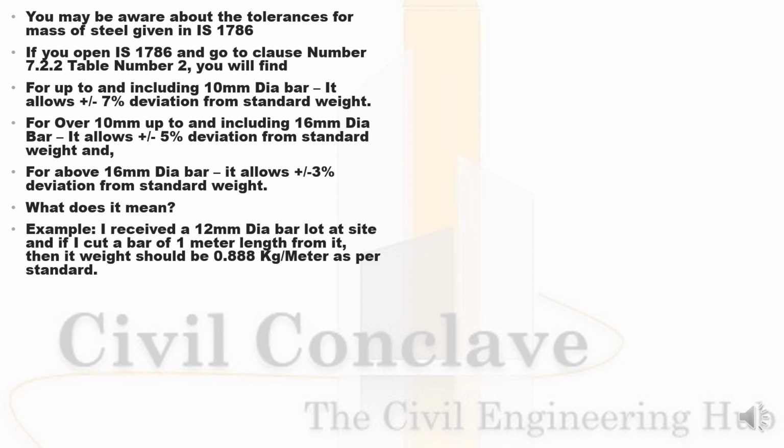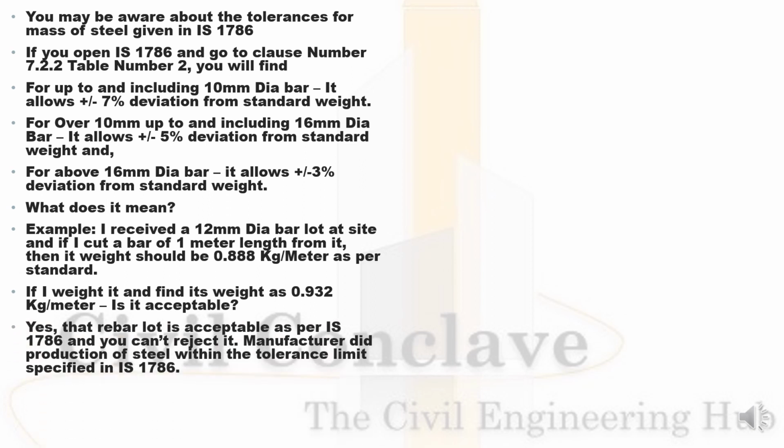Example: receive a 12 mm dia bar lot at site, and if I cut a bar of 1 meter length and measure it, it should be 0.888 kg as per the IS codes. But if I find the weight is 0.932 kg, is it acceptable? Yes.